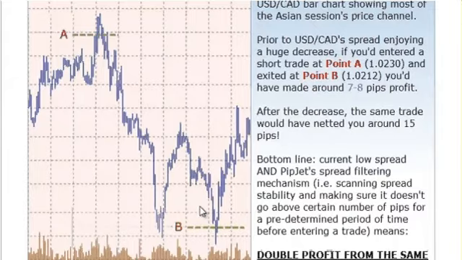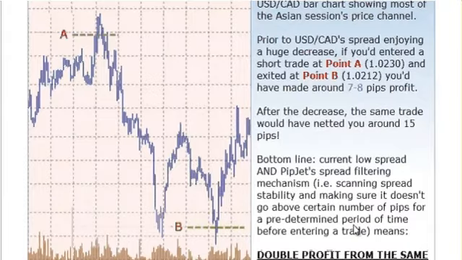The bottom line here: current low spread and PipJet's spread filtering mechanism, which scans spread stability to make sure it's not going to go above a certain number of pips for a predetermined period of time before entering a trade. And again, we covered that in the strategy video.